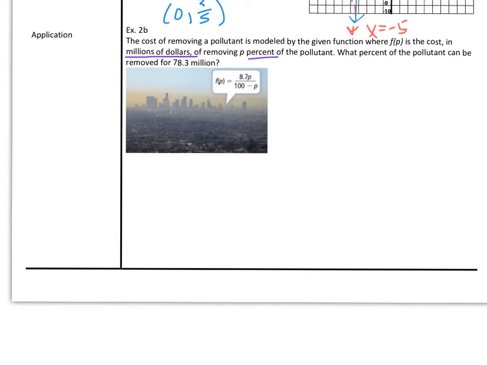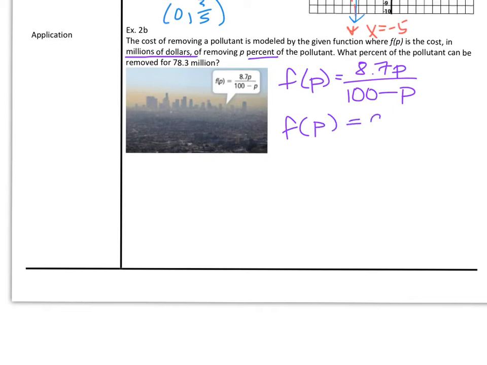If we think about our formula, f of p is 8.7p over 100 minus p. So f of p is the cost, and p is the percent that we're trying to eliminate of a particular pollutant.